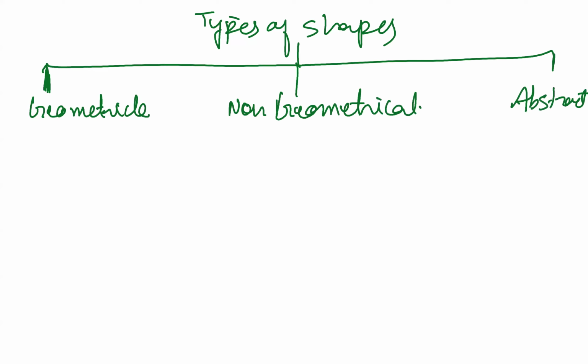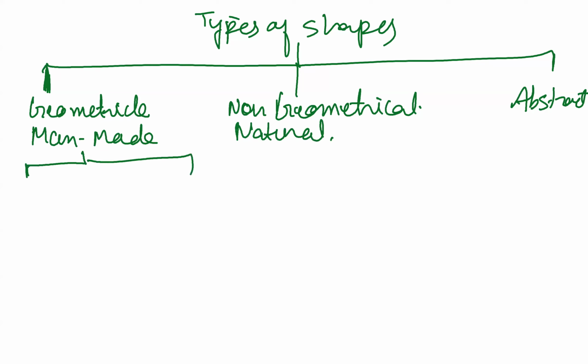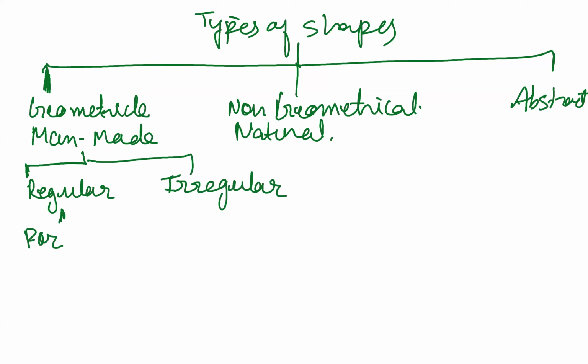So write it. So geometrical, non-geometrical को आप man-made भी बोल सकते हो. This can be natural. Now this can be regular and irregular. So if it is regular, this can be formula based.